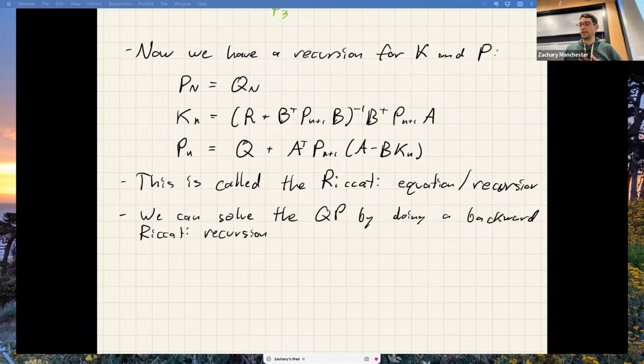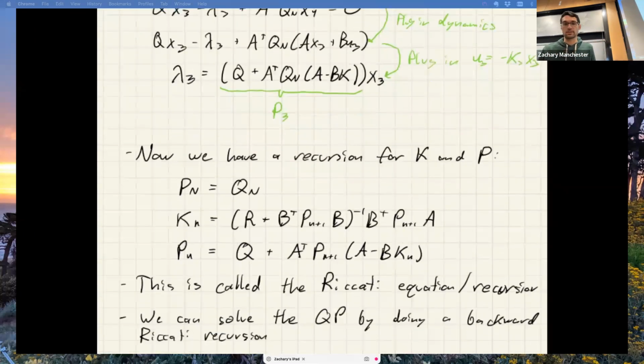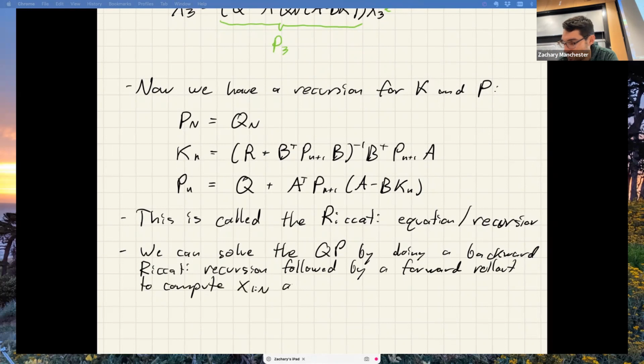That gets us the Ks and Ps, which are also giving us the lambdas and the Us basically. And then we can do a forward rollout to compute the Xs and Us from the initial conditions.